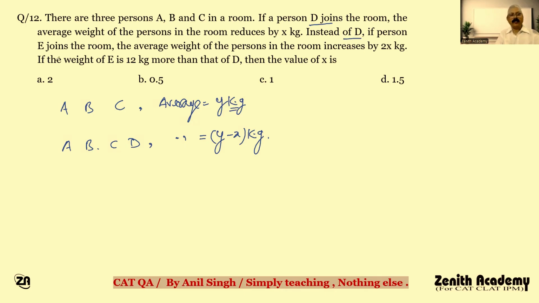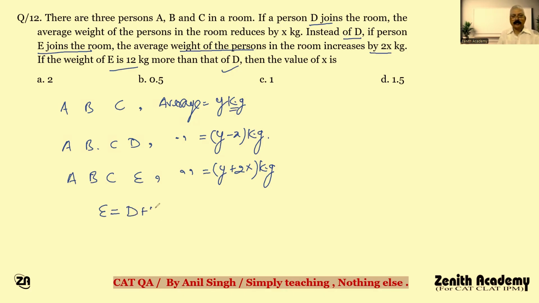Instead of D, if E joins the room, that is A, B, C, E in the room, then the average weight of the persons in the room increases by 2X kg, meaning now the average is Y plus 2X kg. E is 12 kg more than D. Correct. So, a very simple question.